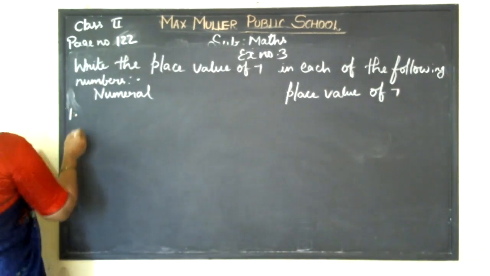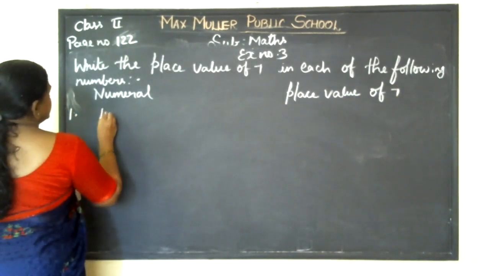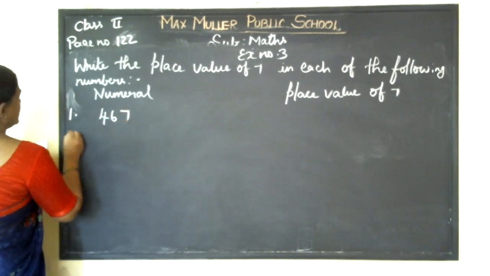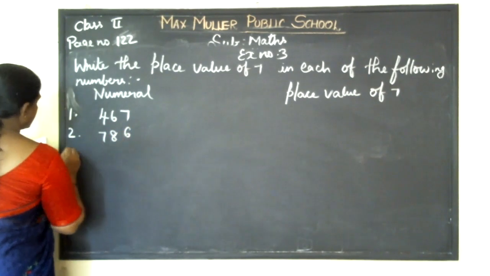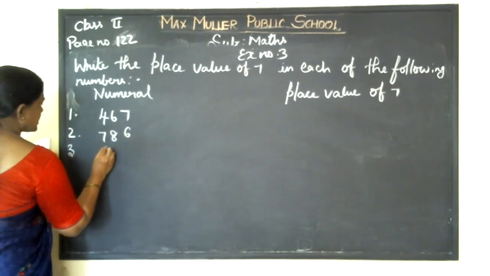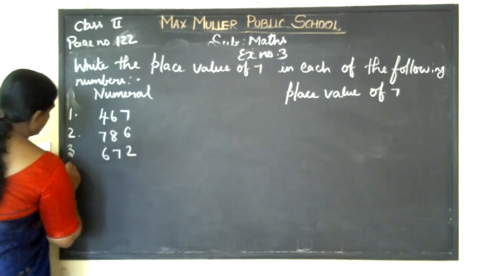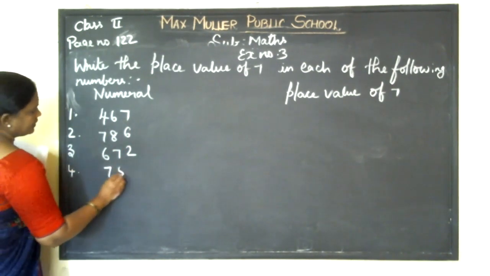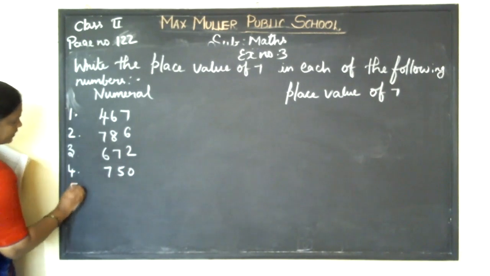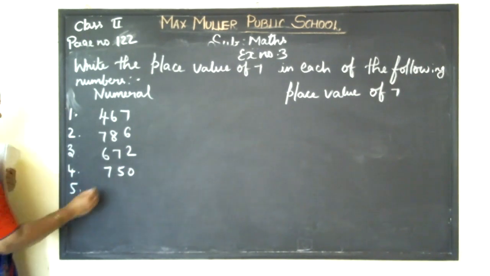First one, 467. Second one, 786. Third one, 672. Fourth one, 750. Fifth one, 670.